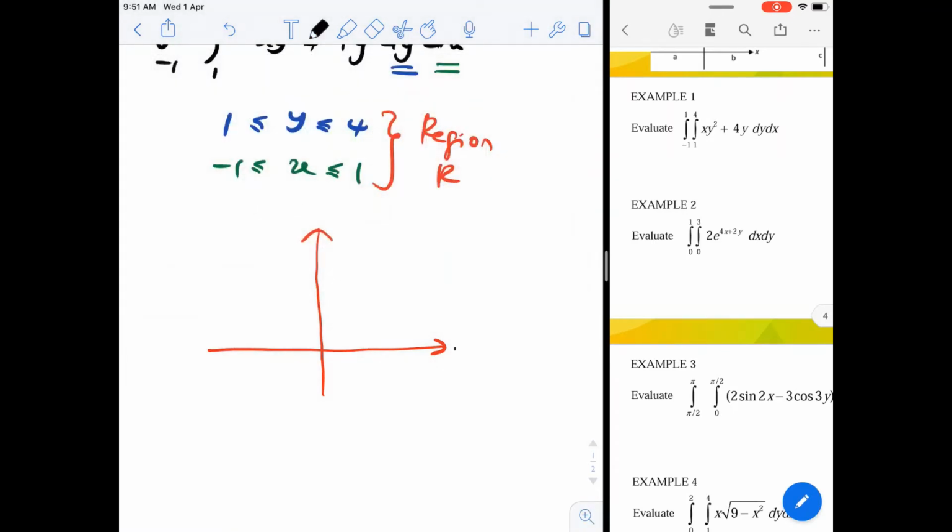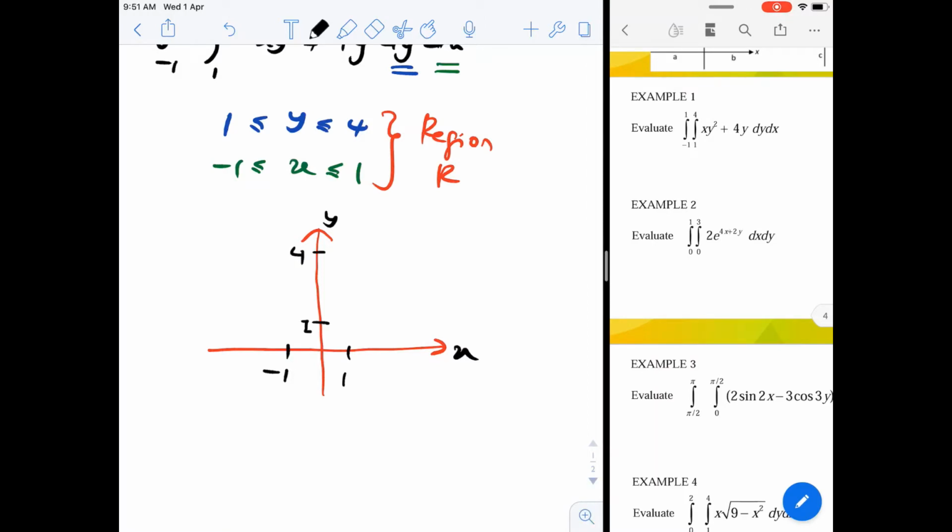So this is x-axis and y-axis. So we have x from -1 until 1. So from -1 until 1, and then y is from 1 until 4.